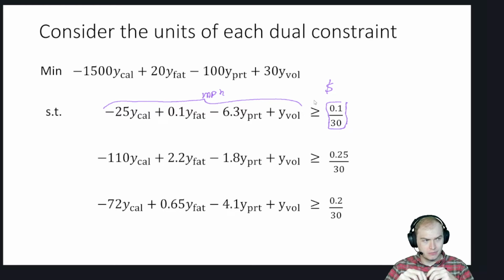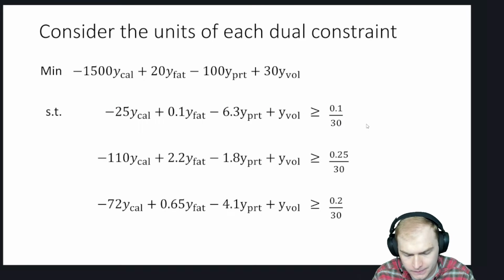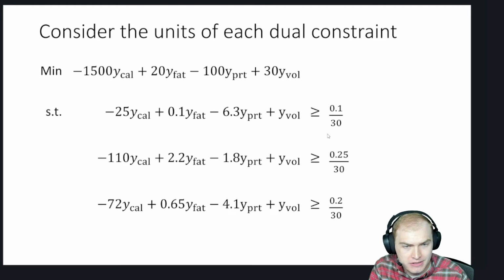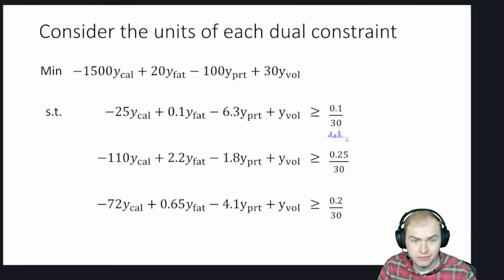Let me work on this example and maybe you'll see what I mean exactly. So this 0.1 over 30 is the deliciousness index. I'm just going to abbreviate that as del. It's the deliciousness index of the first variety, but its unit is deliciousness.